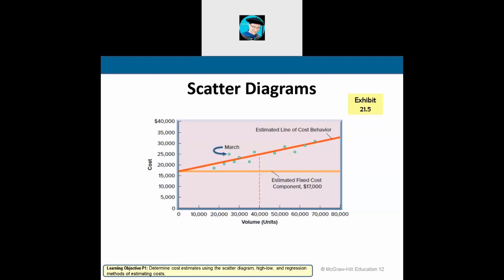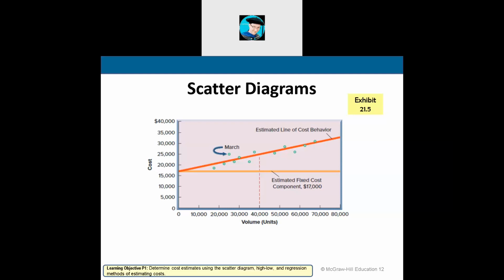And we see those little green dots relatively in line. We call it in line. There's a couple of outliers. March is kind of outside the limits. Looks like October was outside the limits. Looks like June was too.